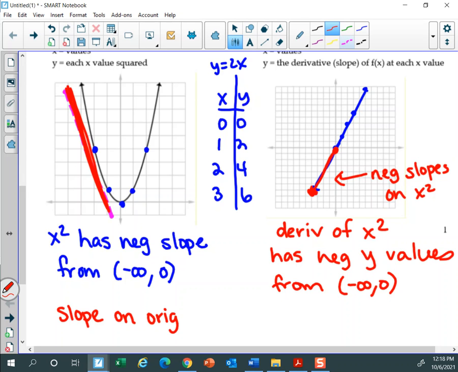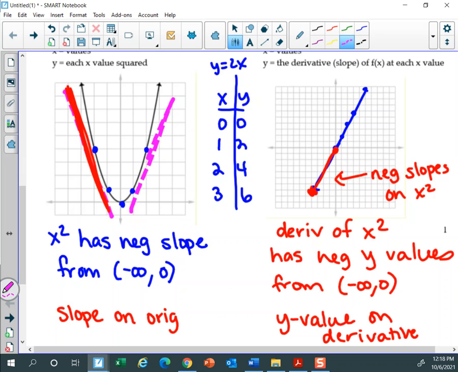How I look at the slope on the original function correlates with a y value on the derivative graph.